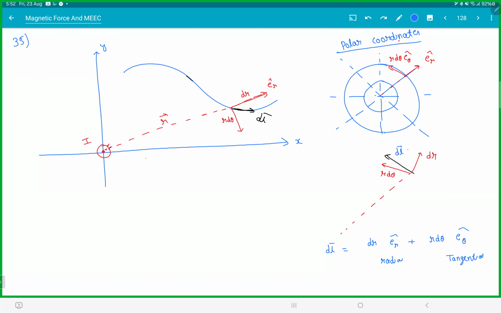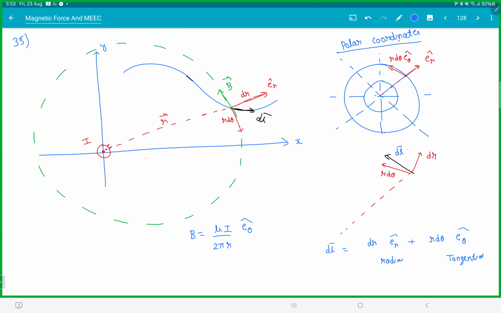So that is there. And how is the magnetic field? The magnetic field dB bar would be in this direction, isn't it? Here the magnetic field due to the wire is given by mu naught I by 2 pi r, and that will be in the tangential direction. Clear with this?